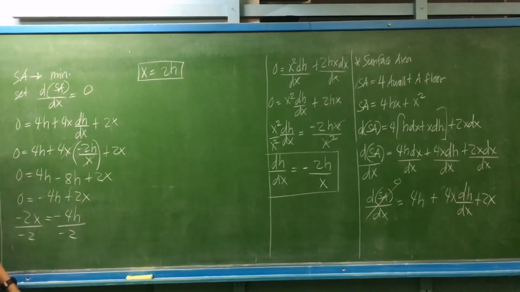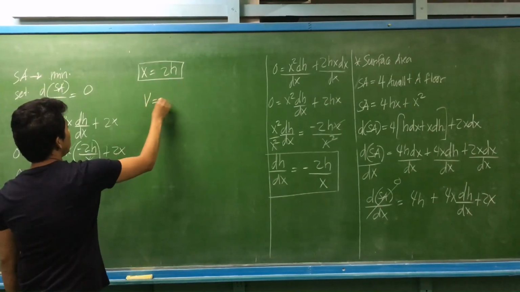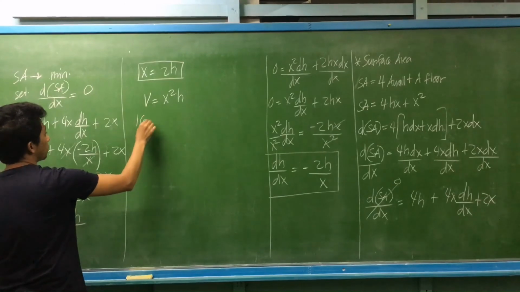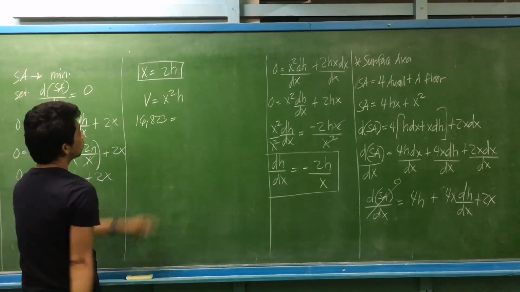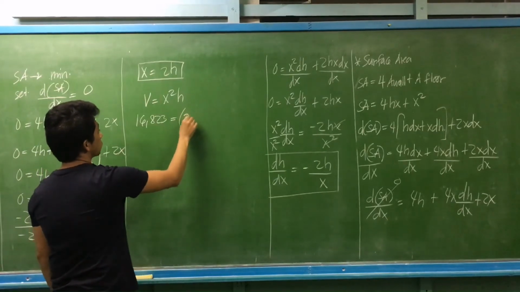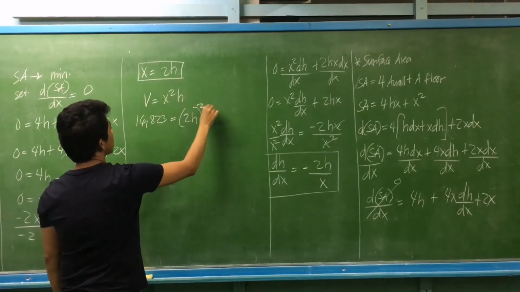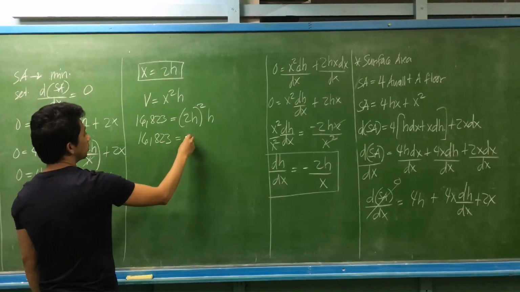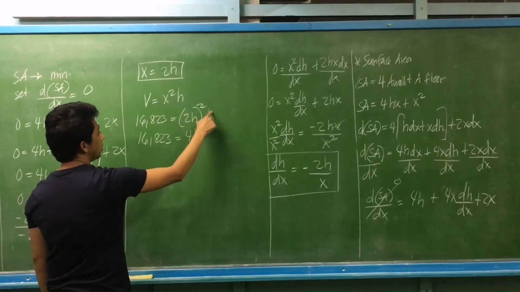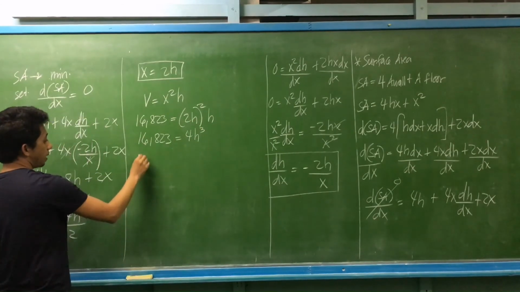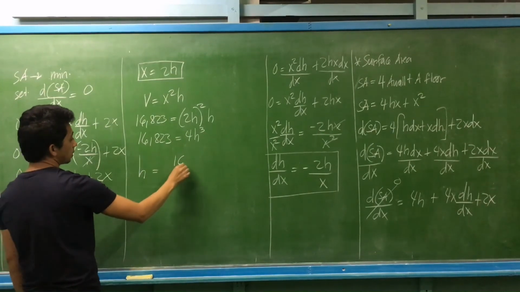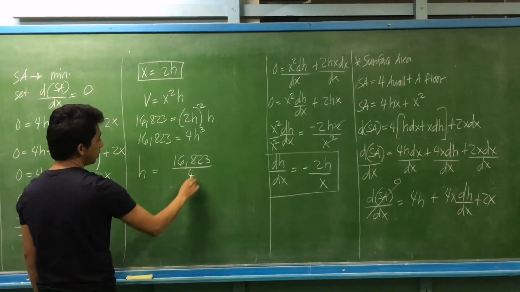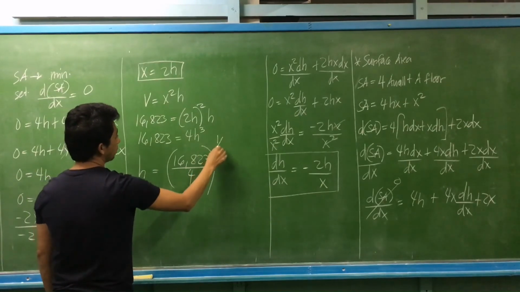So, still in the last part, the substitution. The volume is equal to x squared h. What is the volume? That is 16,823 equal to, what is the equivalent of x? That is 2h, squared, times h. So 16,823 equal to 4h squared times h, 4h cubed. So we'll have h now equal to 16,823 divided by 4, then raised to the cube root, 1/3.